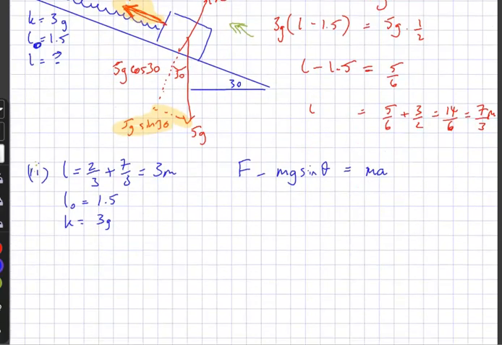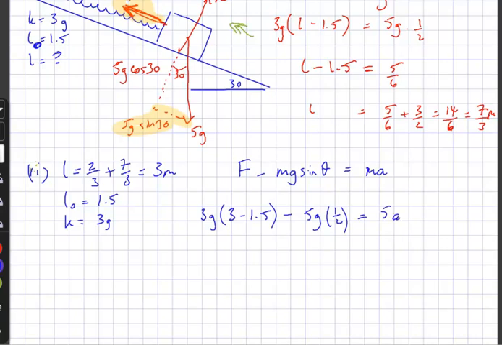So filling in the various values, we can work out what our force is. It's going to be k multiplied by L minus L naught. The mass is 5. The angle is still 30 degrees, so it's still sine of 30 degrees, just a half, and that's going to equal the mass multiplied by acceleration.